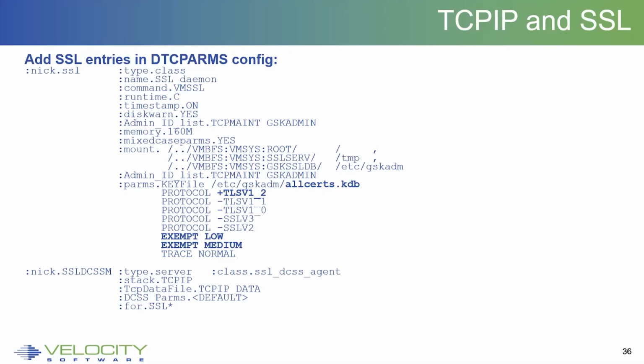The second entry is for what's called a DCSS manager. So this is a server, the SSL DCSSM user ID. This is a server that just manages a DCSS on behalf of TCP/IP for the SSL servers.